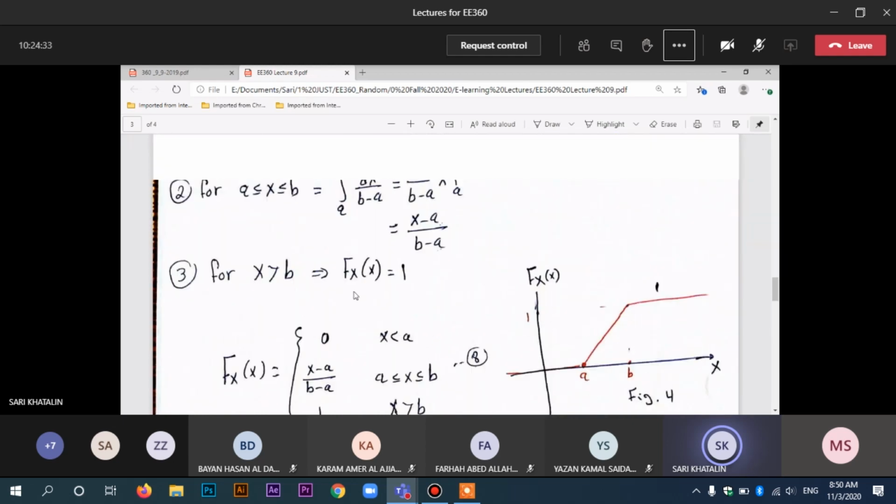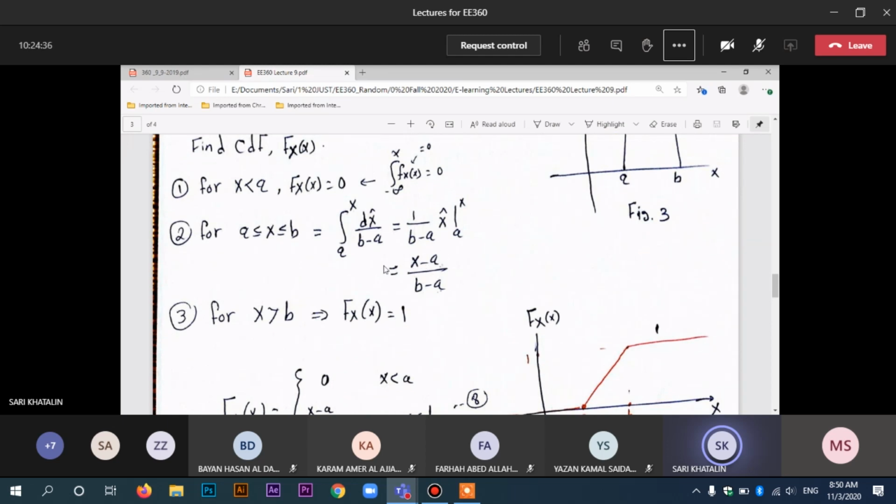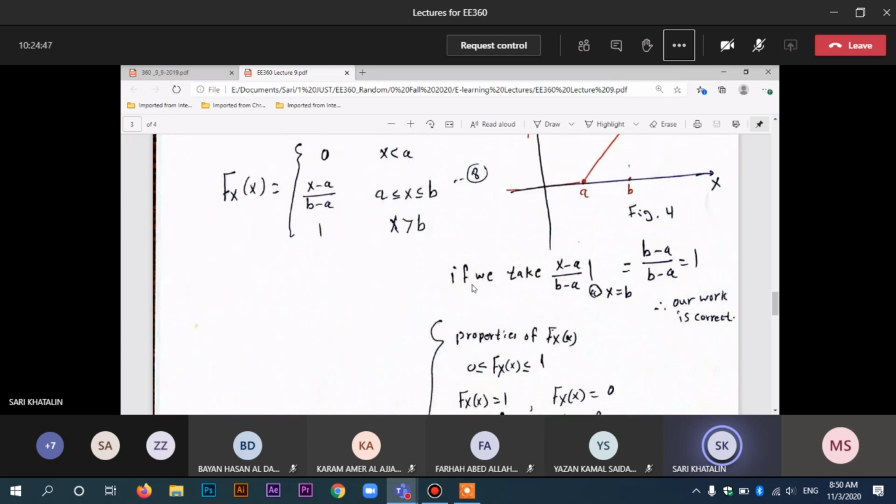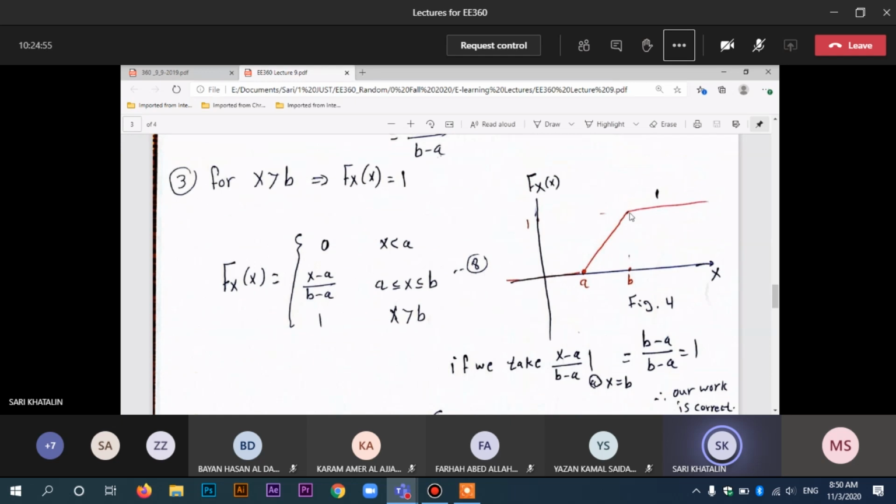So for x equal to b, this is going to be equal to 1, as shown here, which is valid. This is the maximum, which is 1. Anything larger than b will have to continue to be 1. It's not going to go to 0. This is a CDF. So once you reach b, after b everything will stay the same. It's going to continue to infinity.